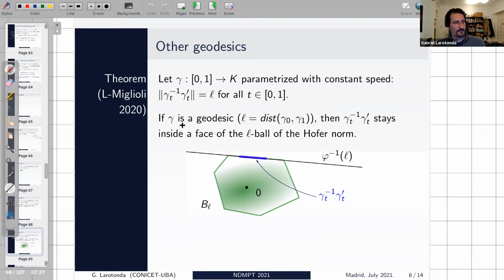So the curve, if it is a geodesic, its logarithmic derivative must live inside some face. The speed can move around here, but it can never leave. The moment it leaves, it loses its optimality.